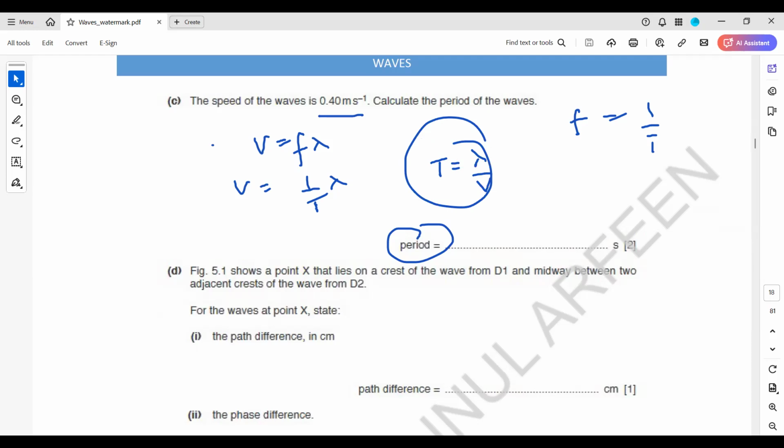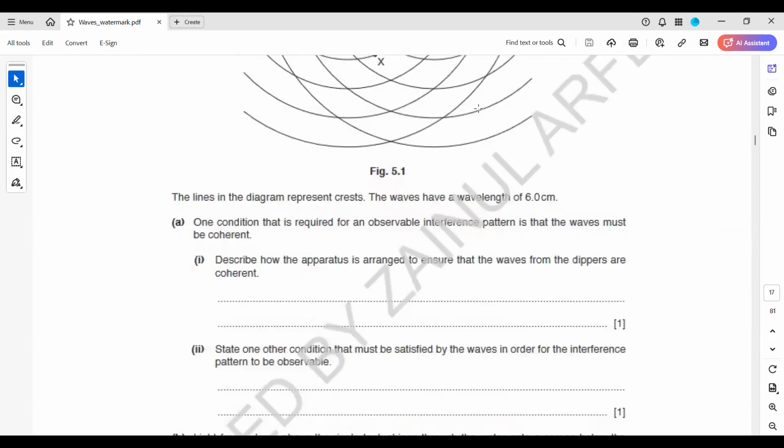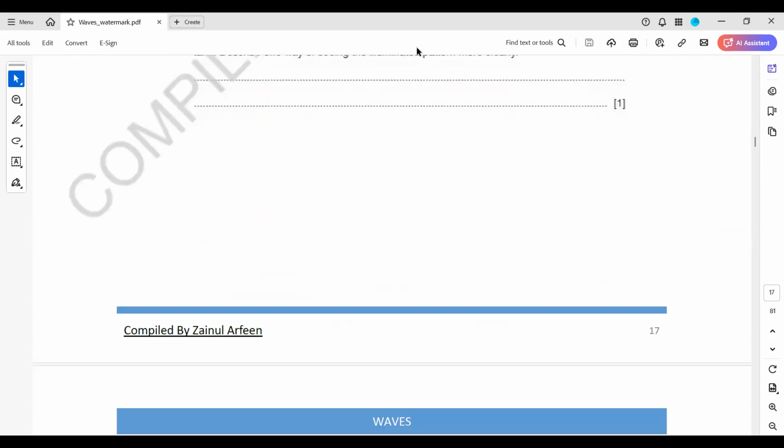The speed in the question is given as 0.4 meters per second. What about the wavelength? In the question, they mention the wavelength of the wave is 6 centimeters, which is 0.06 meters.